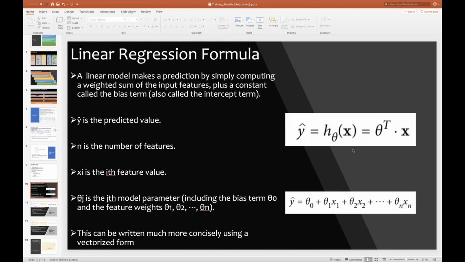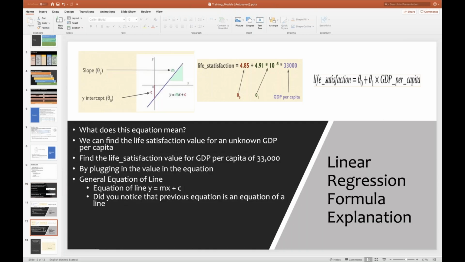Input features are each instance's feature vector. That constant bias term is nothing but the example I have shown you just now. The constant bias term can be your y-intercept and slope.